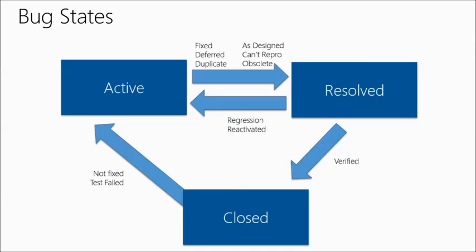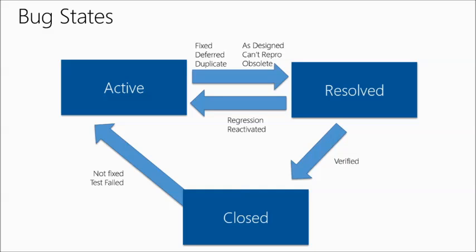Sure, we'll start at the active box here. As the bug is active, the developer will own the bug at this point, and they've got a series of choices, which is the arrow to the right. They can move it to resolve state by setting it as fixed, or deferred, which means that they've had probably a conversation with program management saying, hey, I really don't want to fix this, but I think we should fix this in a future version.